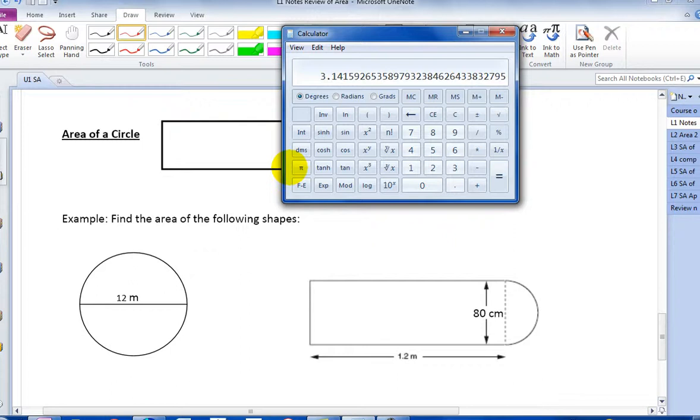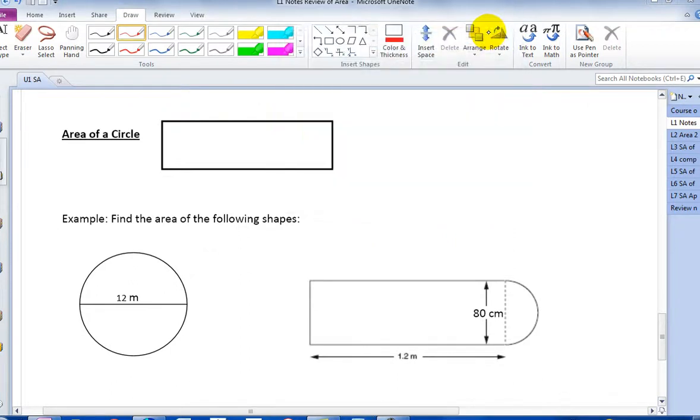So what we do is we actually get an exact answer. We use the symbol, the letter. So what we're going to do this year is: area equals pi r squared. We're just going to figure out the value of what r squared is, and then we're going to write that in front of pi. So work with me here, folks.